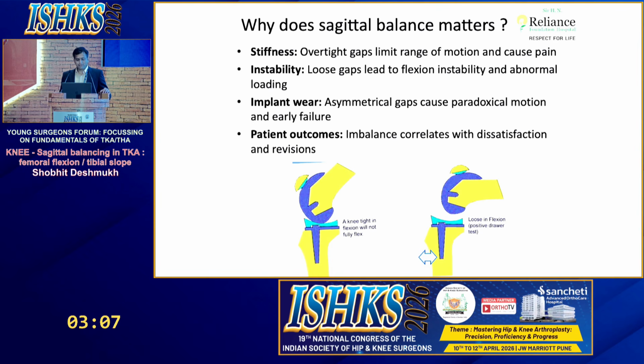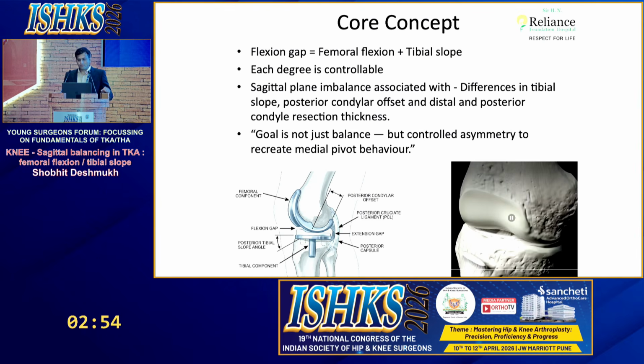Overtight gaps cause stiffness, loose gaps cause instability, asymmetrical gaps cause implant wear, and ultimately everything causes dissatisfaction and increased revision rates. So the core concept is that flexion gap is a combined effect of femoral flexion and tibial slope.